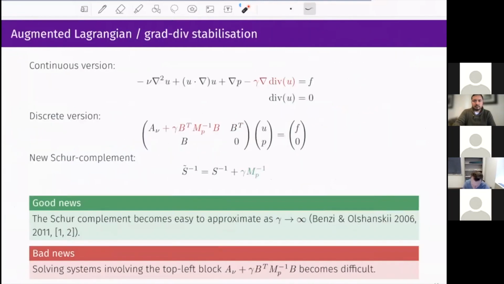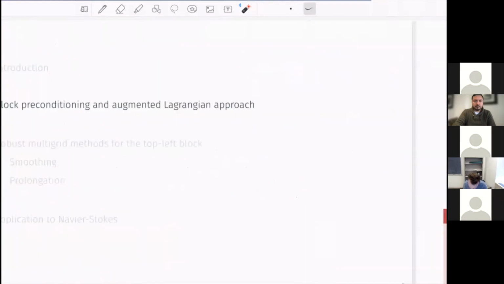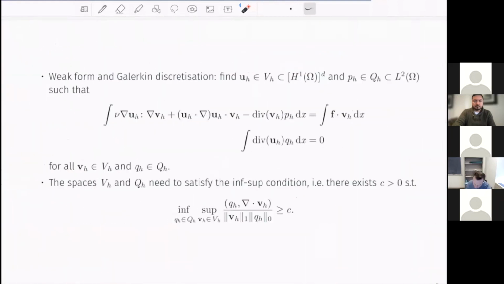If you ignore this term for a second, then, let me go to the weak form. For the Navier-Stokes equations, or let's just think of the Stokes equations, we minimize this energy subject to a divergence constraint.